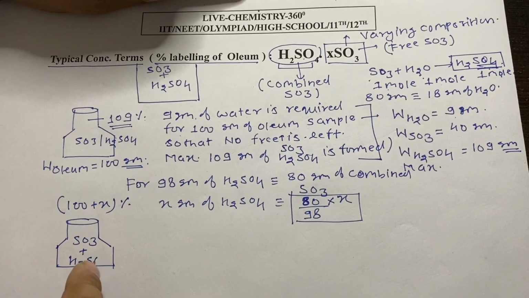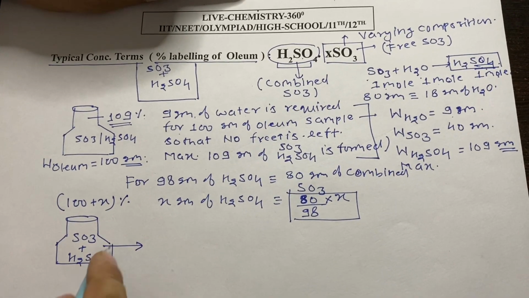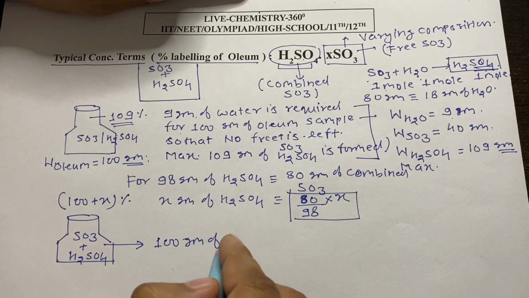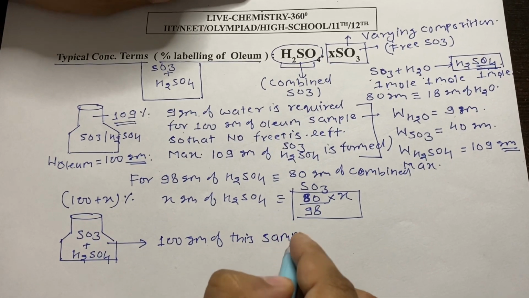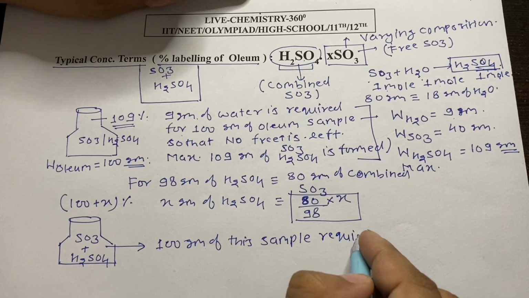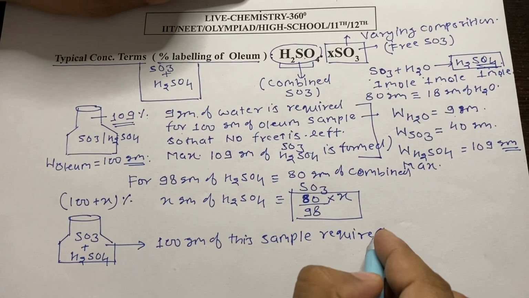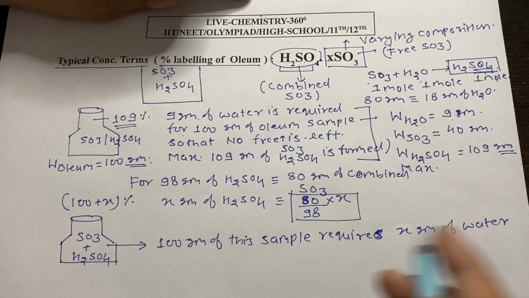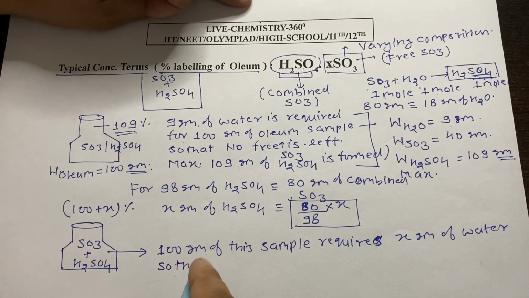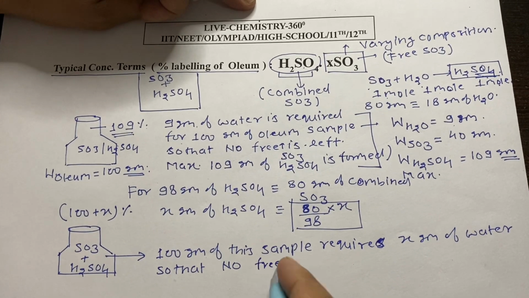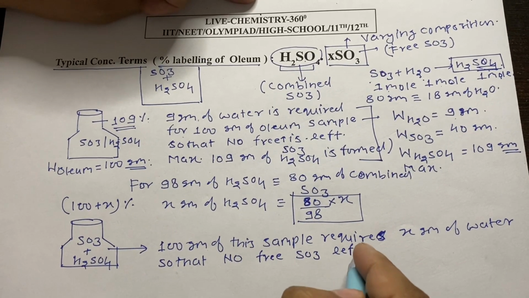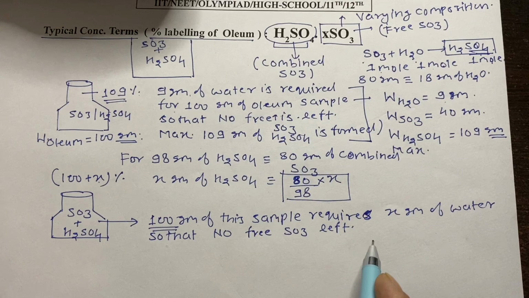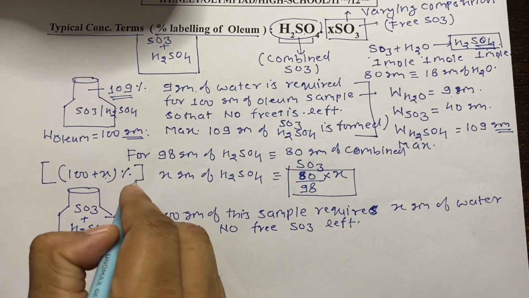This clearly means that 100 gram of this sample requires x gram of water, so that no free SO3 is left, right? So this is the way of labeling an oleum sample.